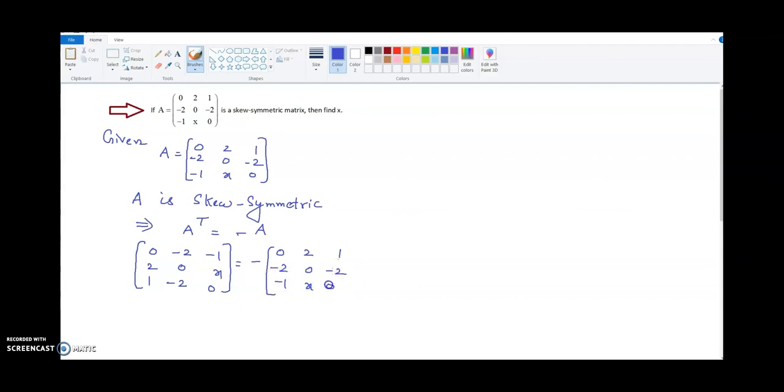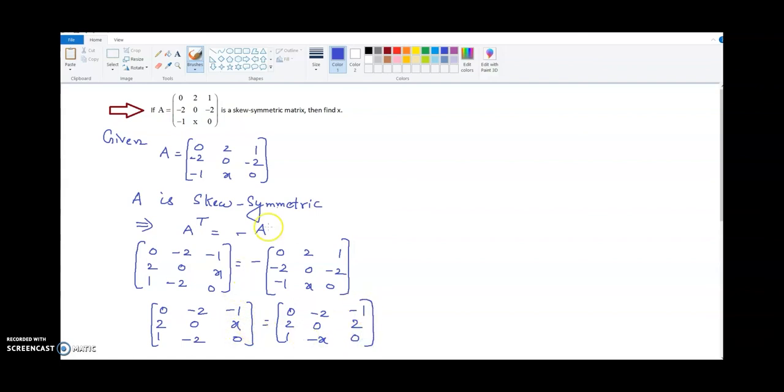So minus 1, x and 0. One side we have the transpose of the matrix 0, minus 2, minus 1, 2, 0, x, 1, minus 2, 0. And the other side we will multiply with the minus sign. We have 0, minus into minus plus 2, minus into minus plus 1, minus into minus plus 1, minus into x, and 0.